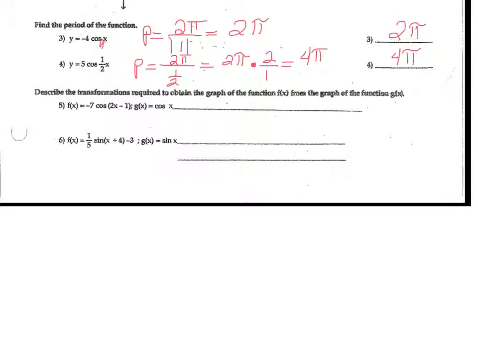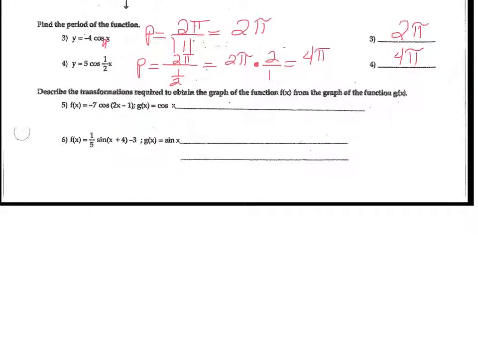The transformations are, one of them, reflection over the x-axis, because of the negative in front of the 7. Now, because of the 7, it's a vertical stretch by a factor of 7.